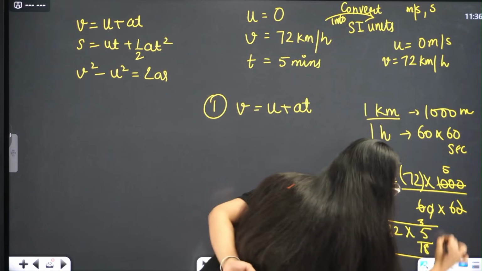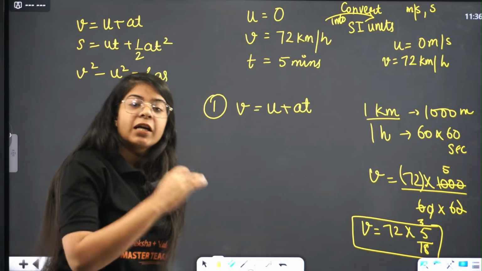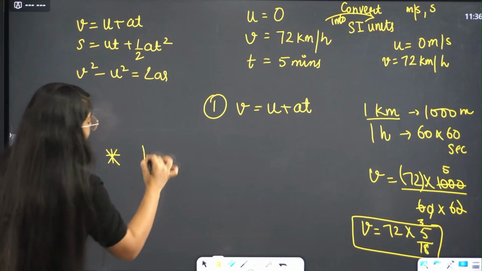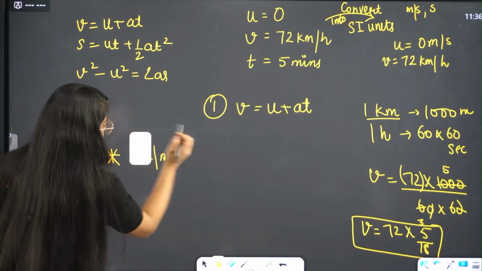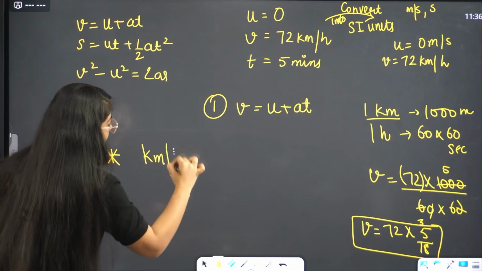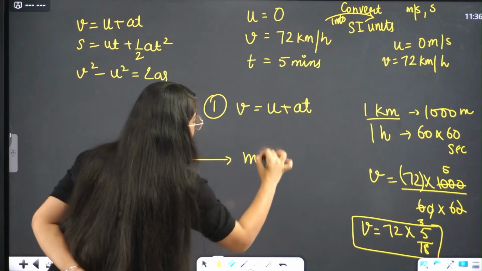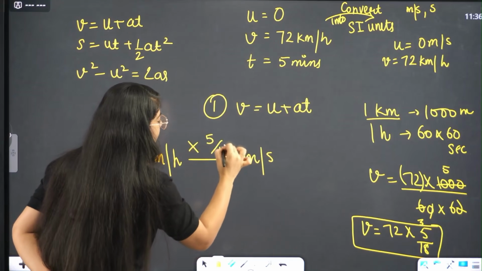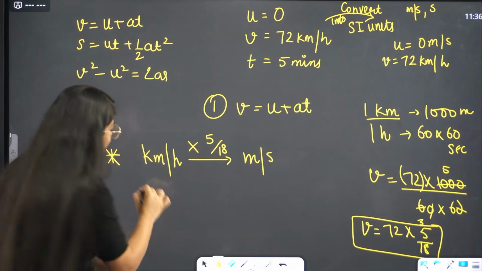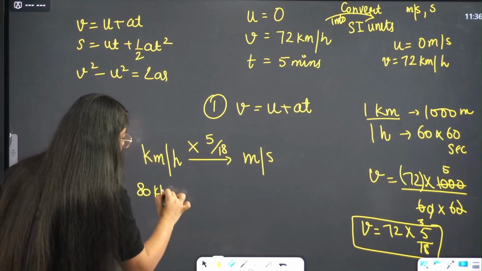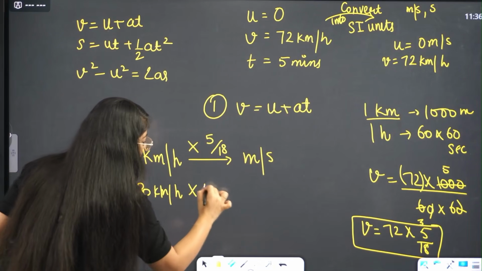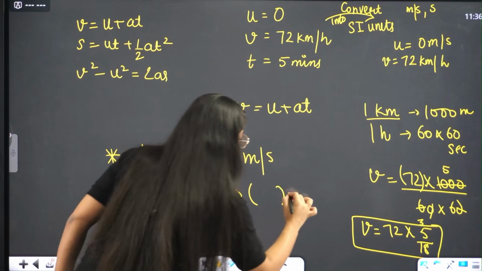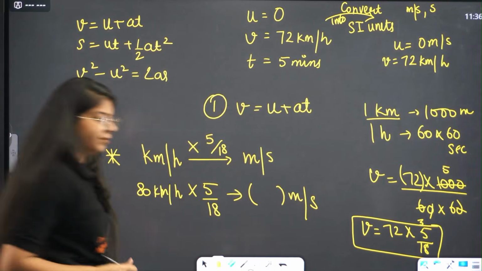So every time you want to convert kilometer per hour into meter per second, you just have to multiply by 5 by 18. Anything you have, let's say 80 kilometer per hour, you multiply it by 5 by 18 and the answer will be whatever into meter per second.